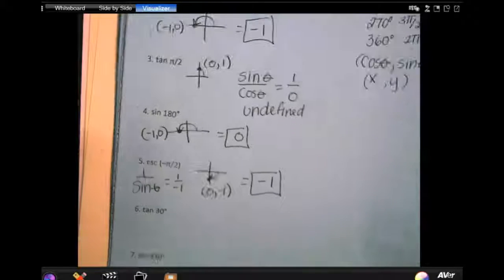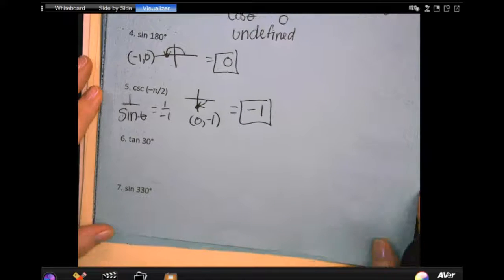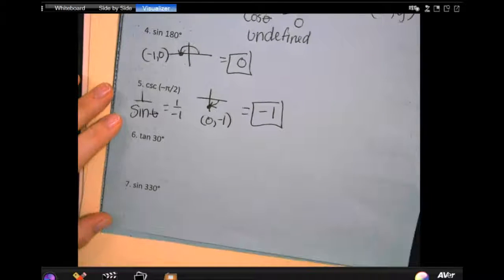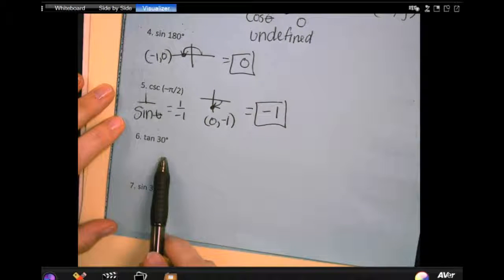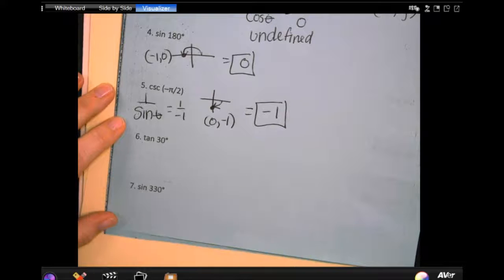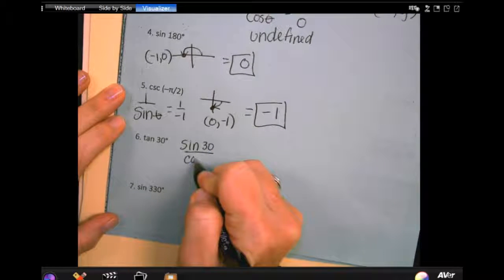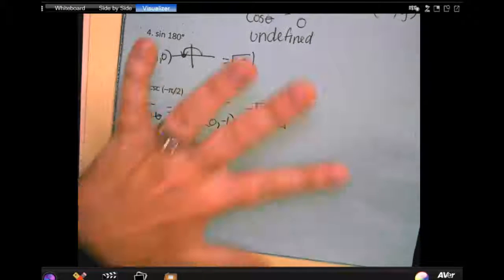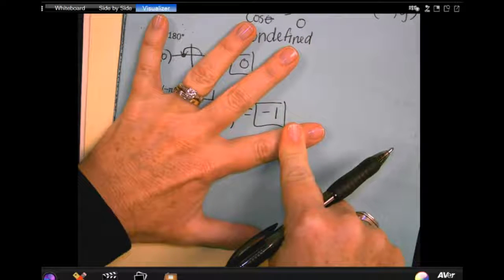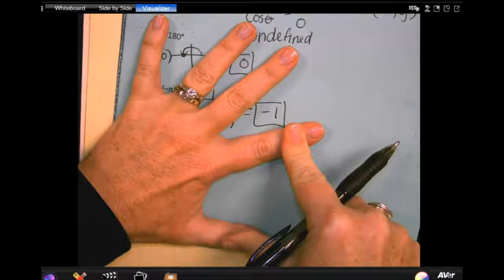So if we go back to the green worksheet now, this says the tangent of 30 degrees. So the tangent is the sine of 30 over the cosine of 30. So if I put my hand down, 30, the sine is the bottom, so that's 1/2.